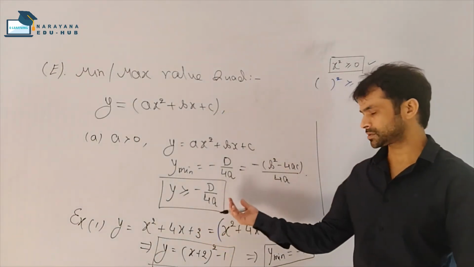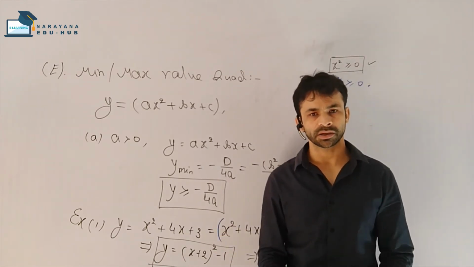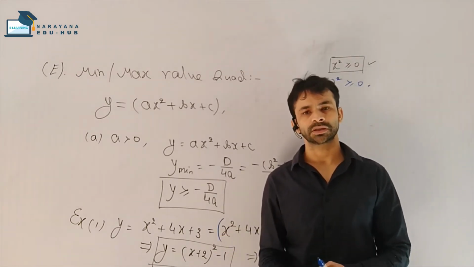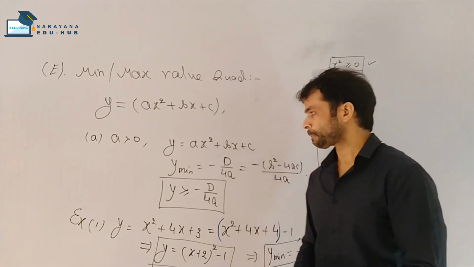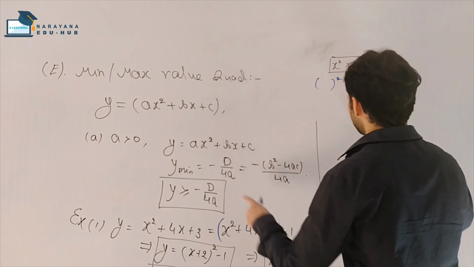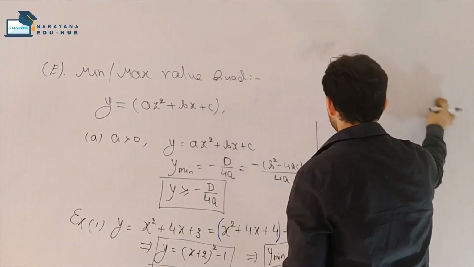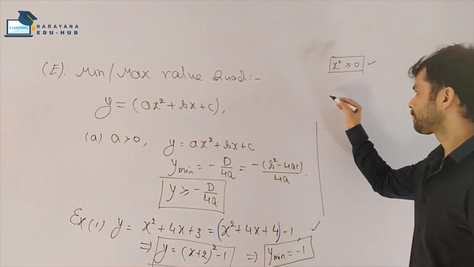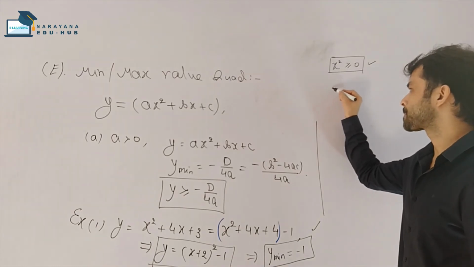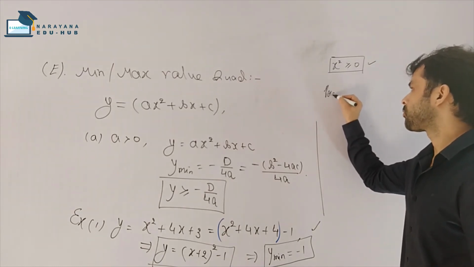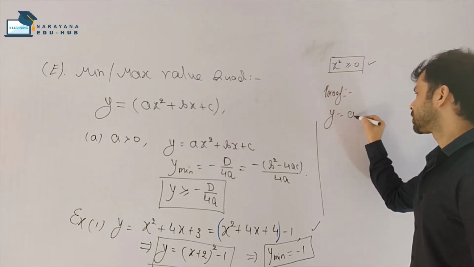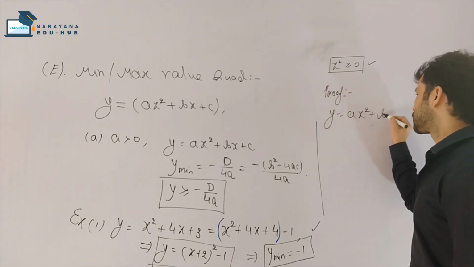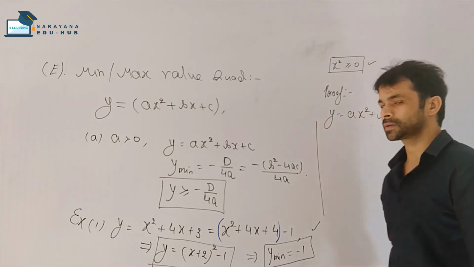Another way to derive this result is using maxima minima. That we can also discuss, but that comes in 12th class, so we will be seeing that after some time. Now I am going to derive this result using this method. We had y is equal to ax square plus bx plus c.